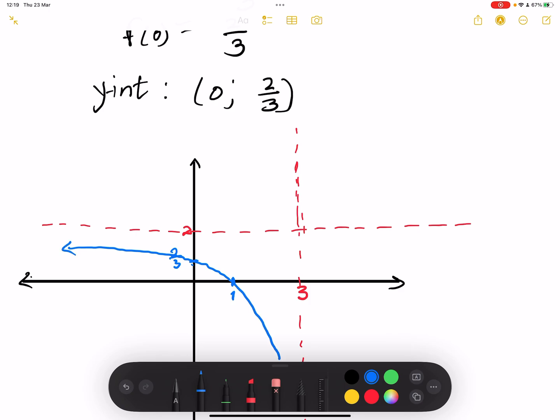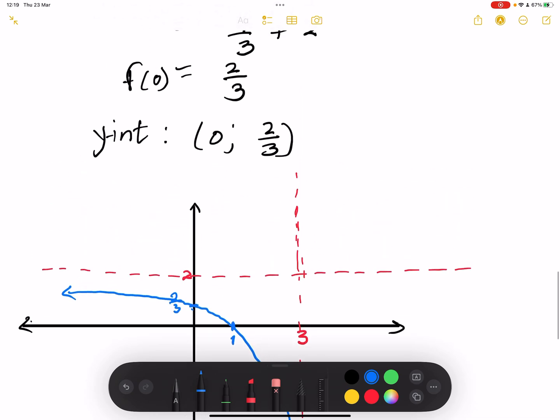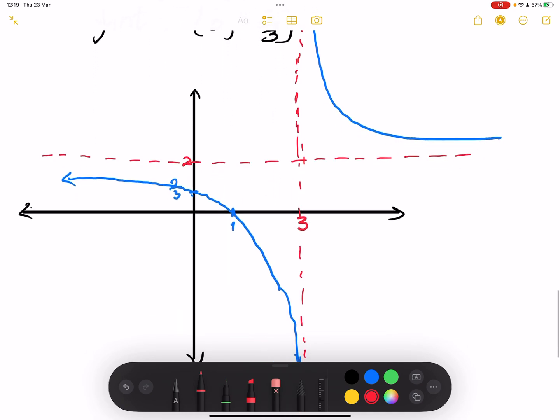So it would continue in that direction, and the other part of the graph would be in our first quadrant. So this is what our graph would look like. Sorry for having it kind of intruding into the last example there. So this is what our graph would look like, right?